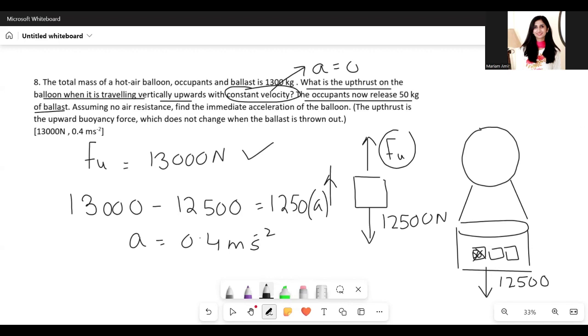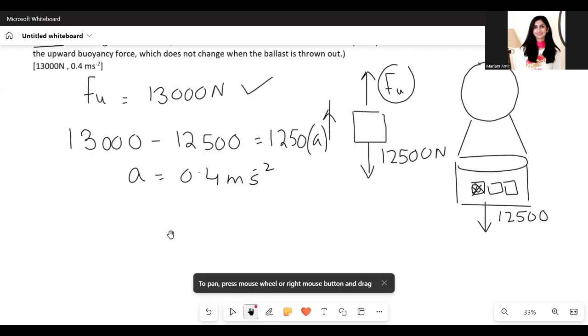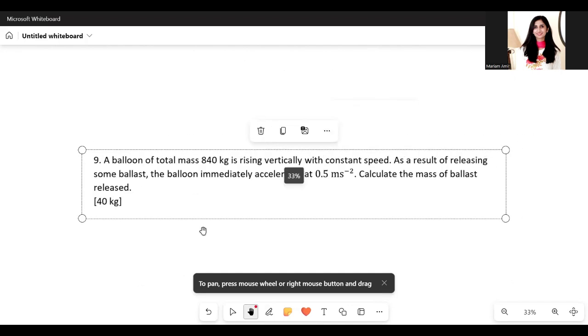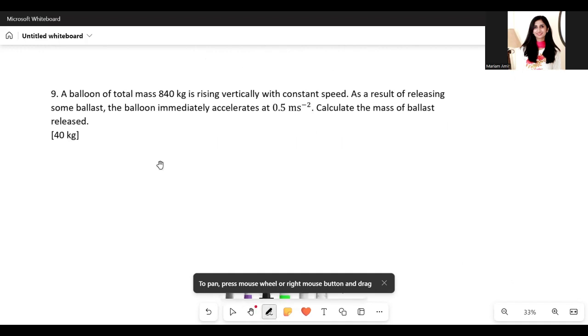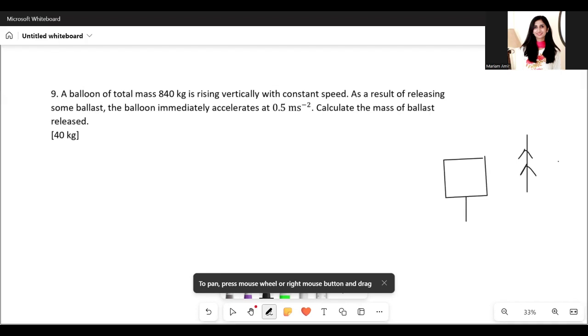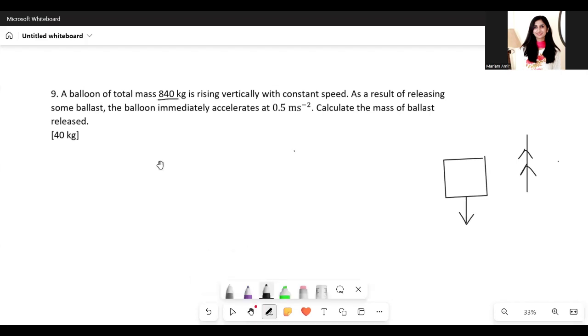Okay. Next question. Balloon of a total mass 840 kg is rising vertically. So again, I'm going to represent this as a block. It's going upwards. The weight is going to be mass into g.